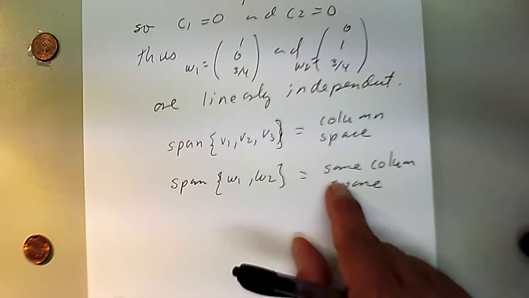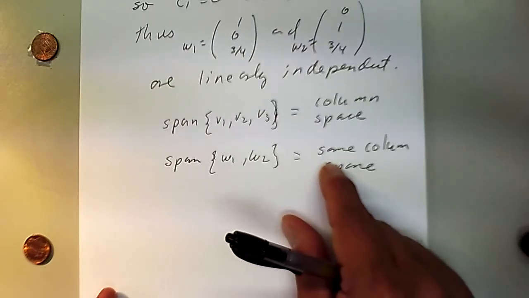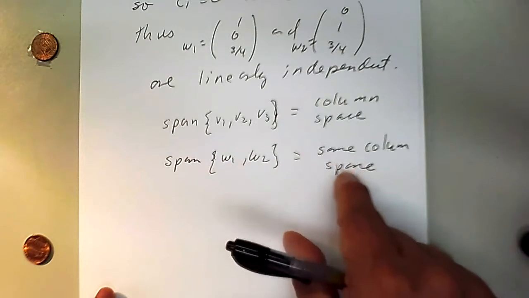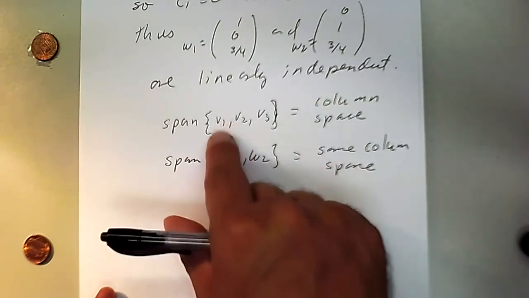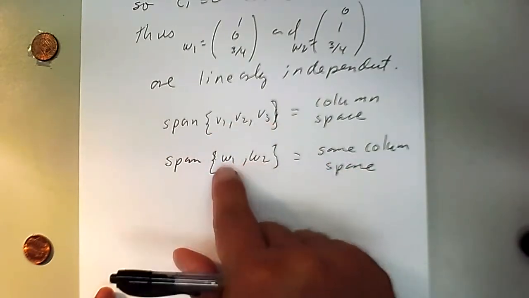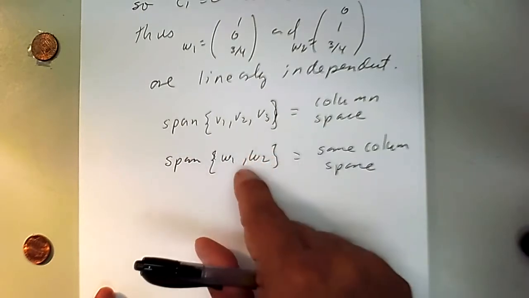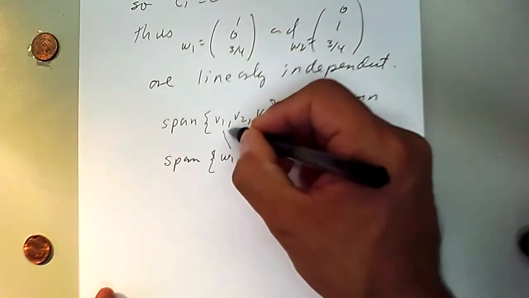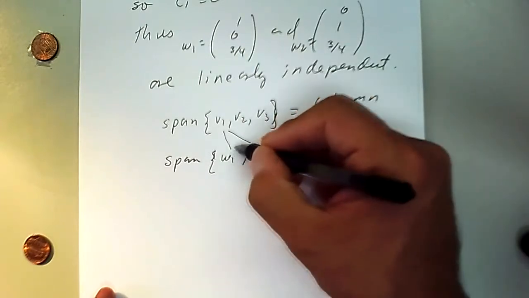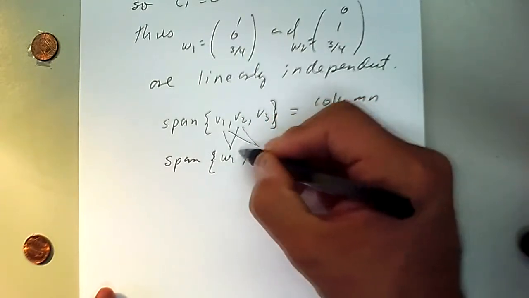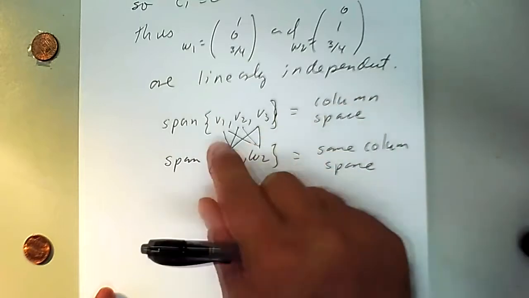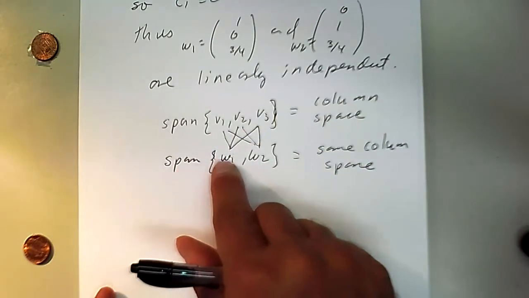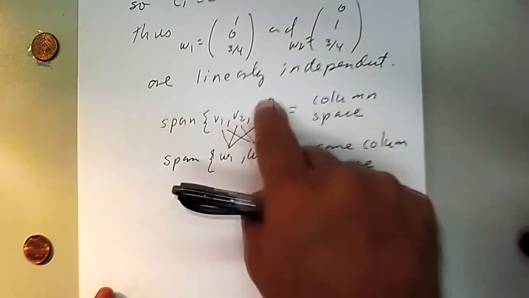Okay, so one way to go about showing that those two generate the same column space is to show that those three vectors are generated by those two. If we do that, then we are set. See, if those two generate V1, and these two generate V2, and these two generate V3, then certainly these two generate that space because those three generate that space.